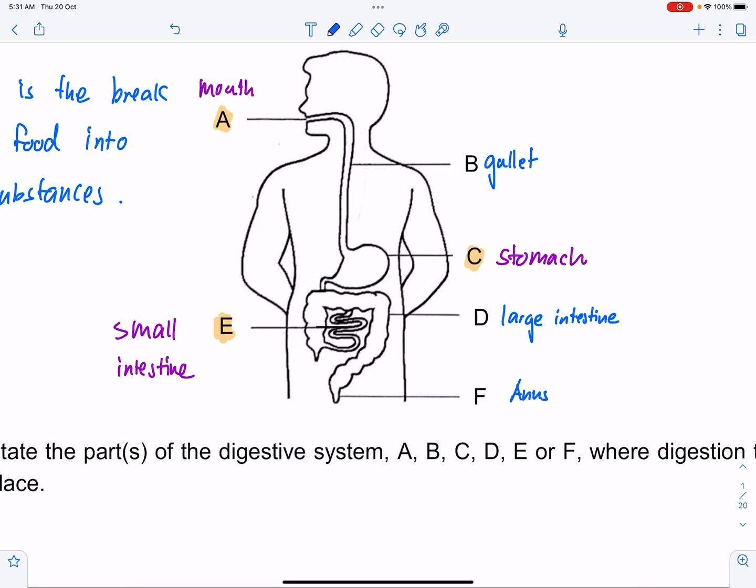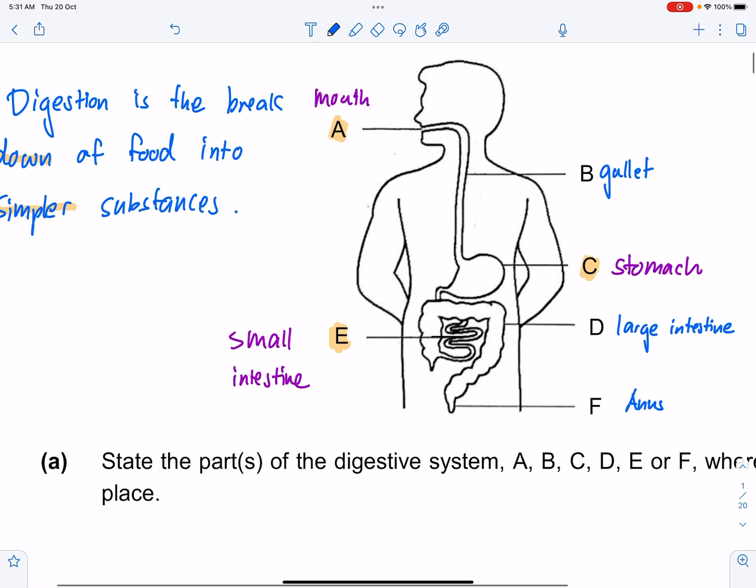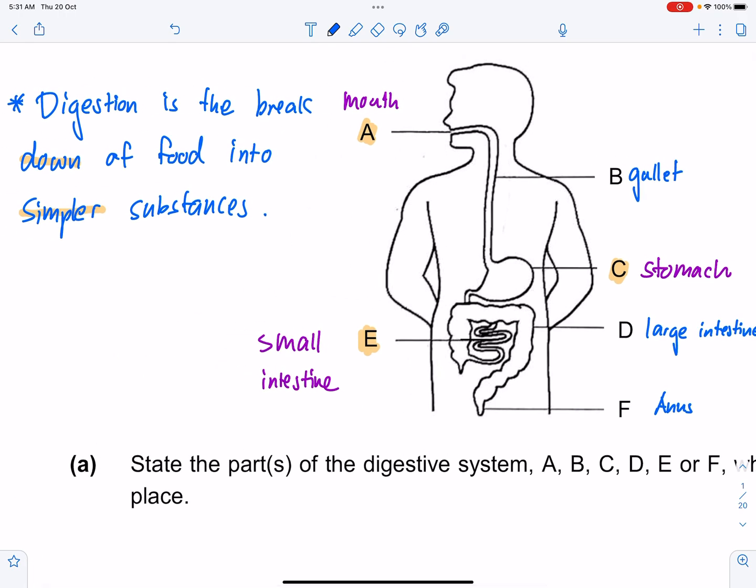Okay? So the main function of your mouth is to chew the food up and to start digestion because there are digestive juices there. Your stomach also digests the food. Now your small intestine over here, it has two functions. The first one would be to digest food.